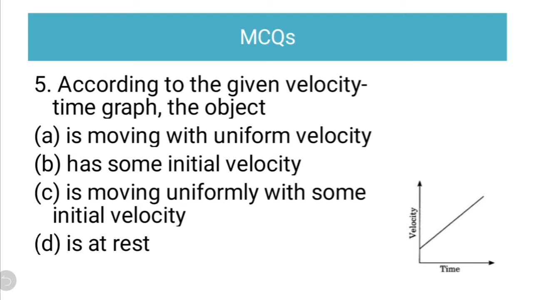This is also not true, because if it is at rest, then the graph is not like this. For an object at rest, it is a straight horizontal line, that too for position versus time graph. So definitely not D. So the correct answer is B, has some initial velocity.